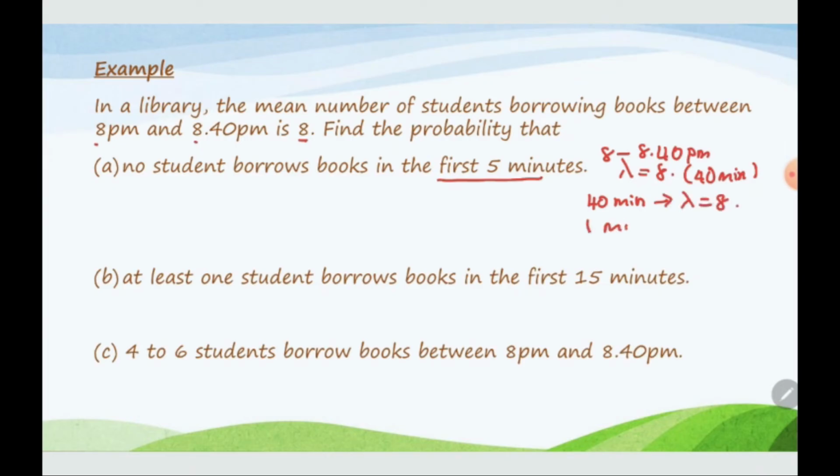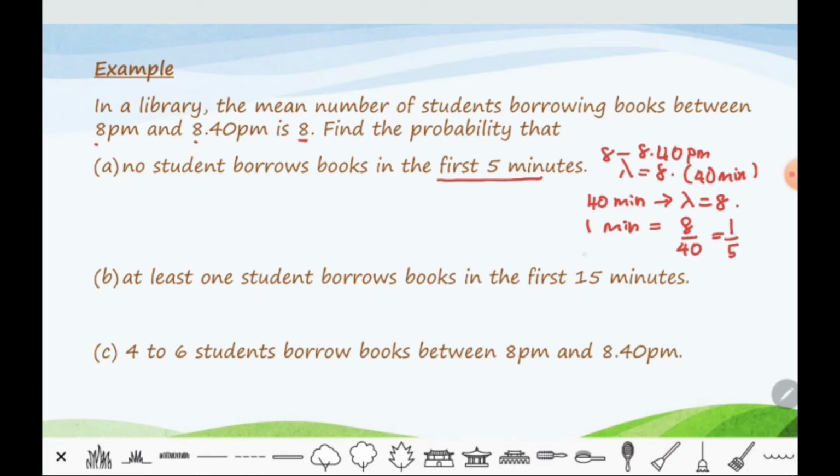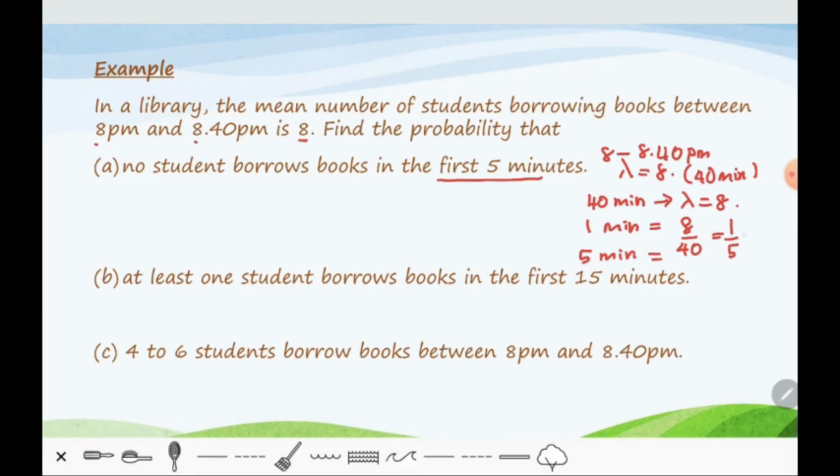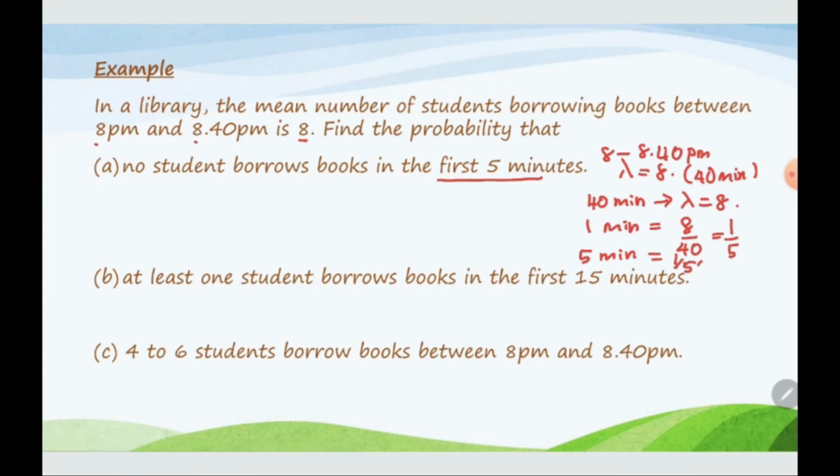So for 1 minute, we need to divide 8 by 40. So we got 1 over 5 or 0.2. And for 5 minutes, we need to multiply by 5. So 1 over 5 multiplied by 5, we got 1. So the lambda here is 1.